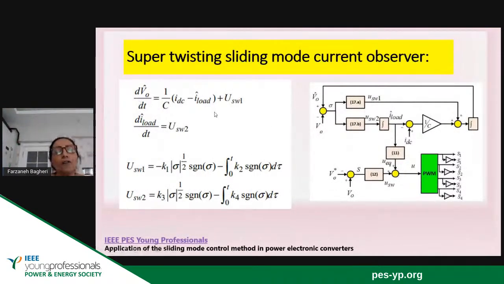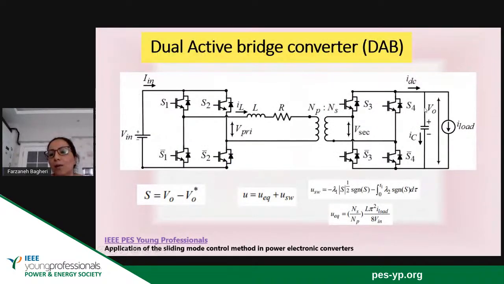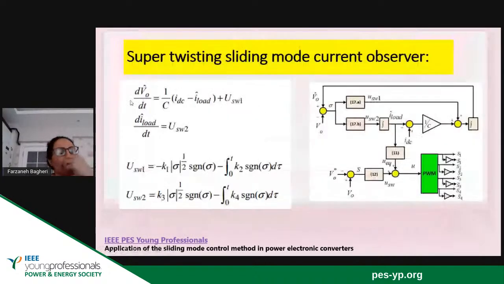Here, I will find a mathematical model of the load side. This mathematical model uses the output voltage and load currents. If you look at this mathematical model, it has two switching rules, and both of them use super twisting rules. So if we define a new sliding function for the observer and call it sigma, sigma is the error between the observed voltage and the real voltage.